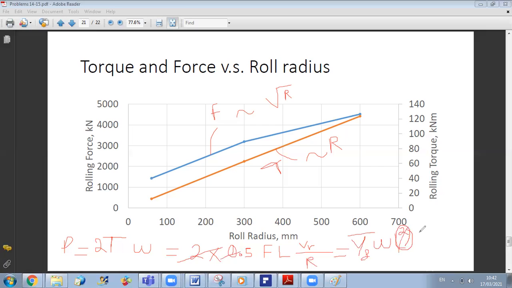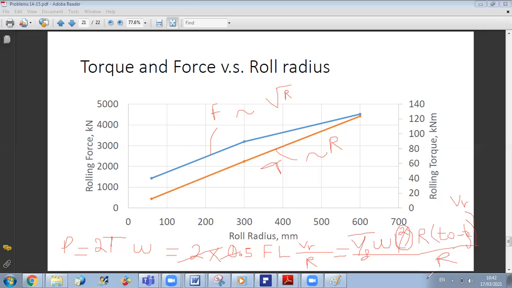L squared is R times (T0 minus T final). Then I have times VR over R. So what will happen is that R will be simplified.